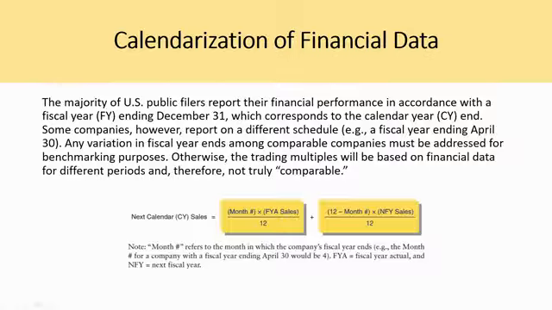And so to do so, whatever metric you are using, so in this case, it's the next calendar year, CY sales, so the sales figure, the month number refers to the month in which the company's fiscal year ends. So in this case, we'd be calendarizing the April 30th company, right? So if it ends in April 30th, then that's the fourth month.